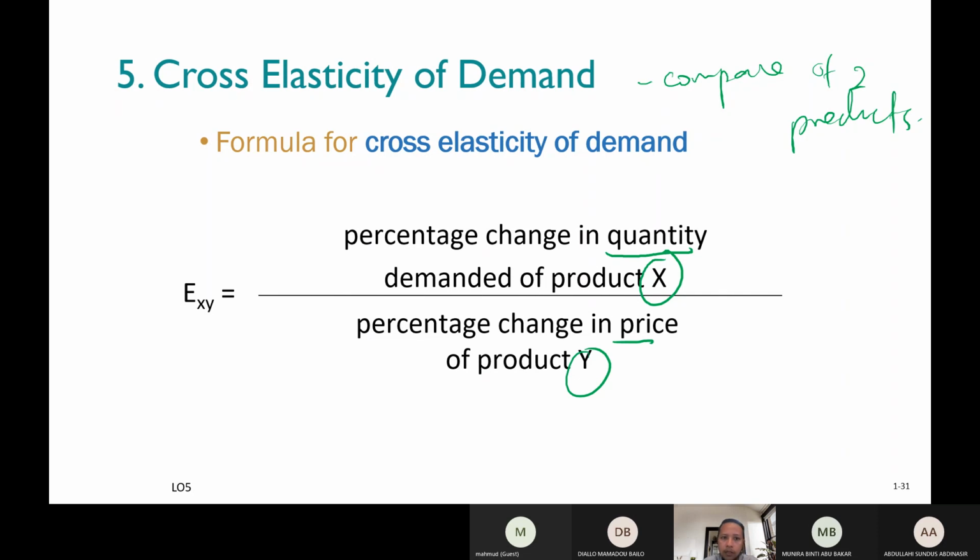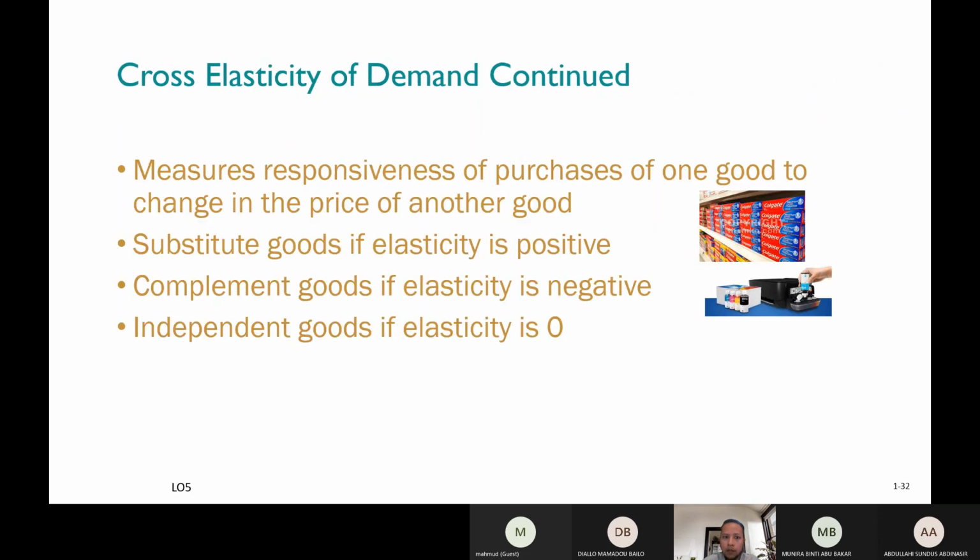Then you can calculate the cross elasticity of demand for X and Y. So this looks at the responsiveness of one good to the price of the other good.